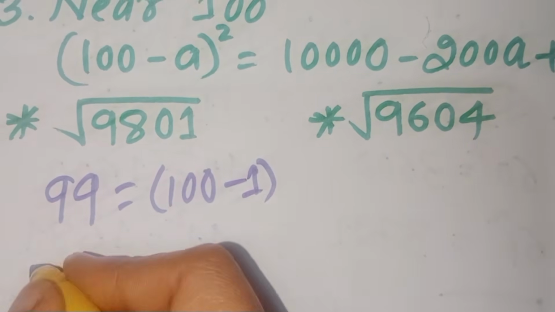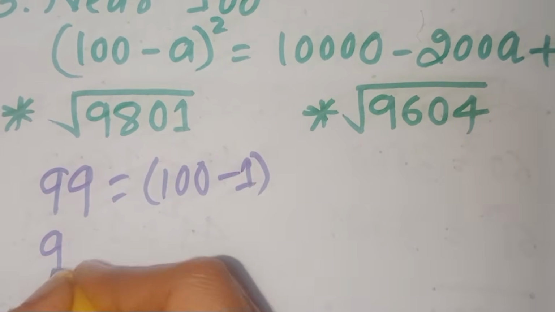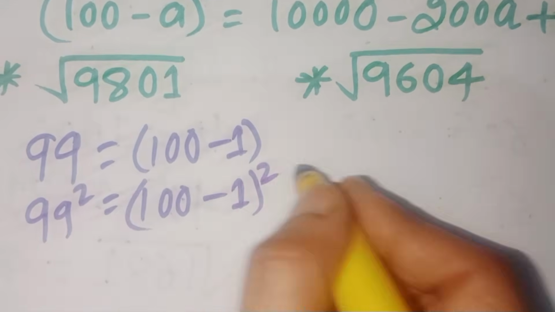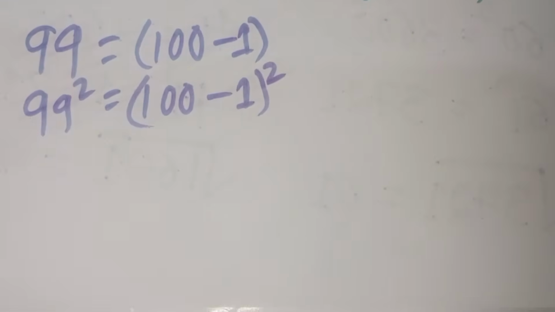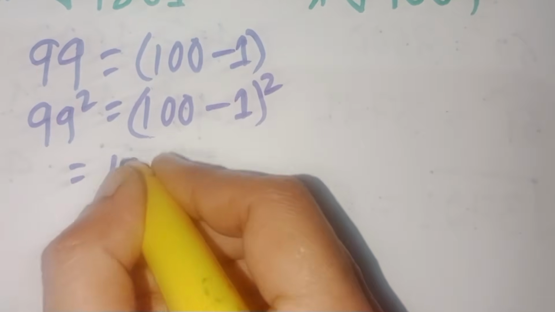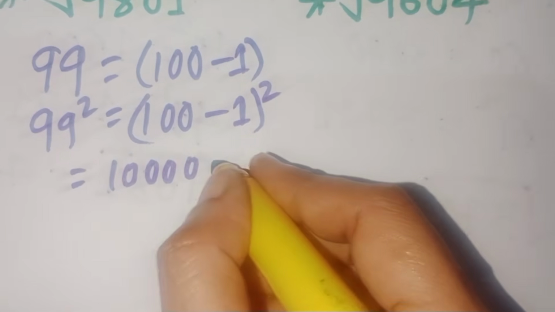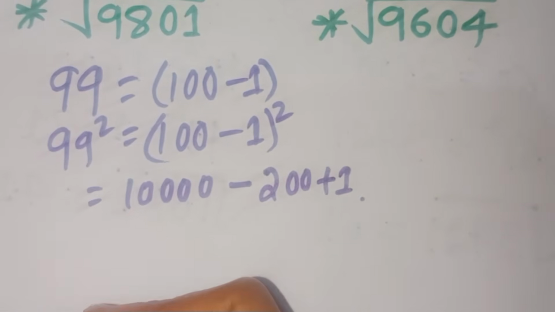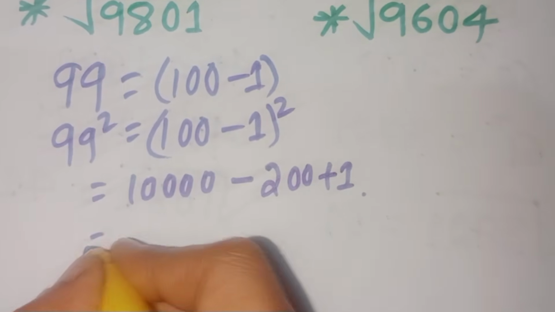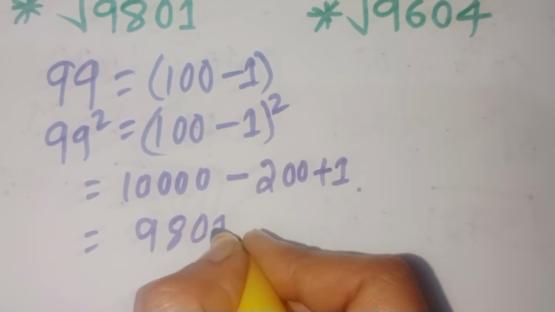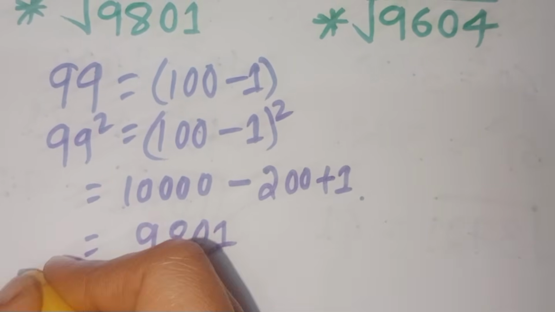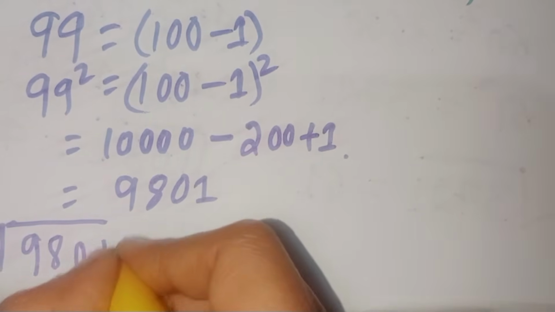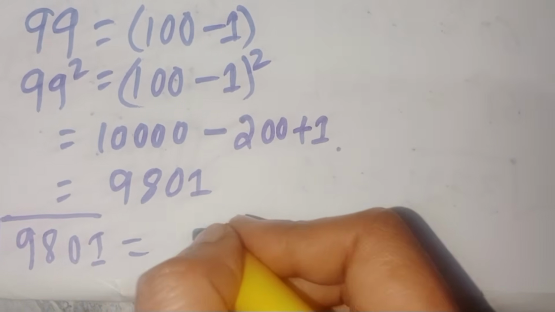So 99 square is 100 minus 1 square, that is 10,000 minus 200 plus 1, that is 9801. Therefore, the square root of 9801 is 99.